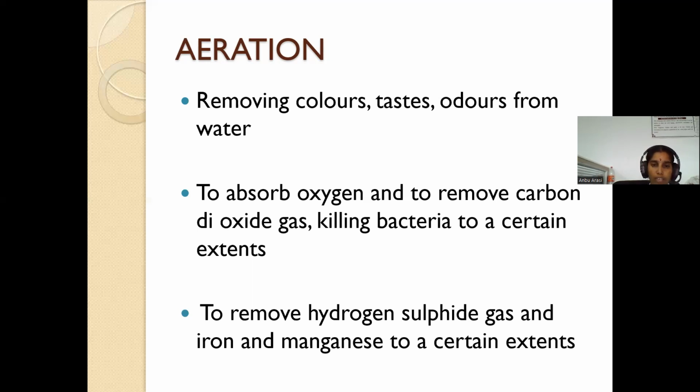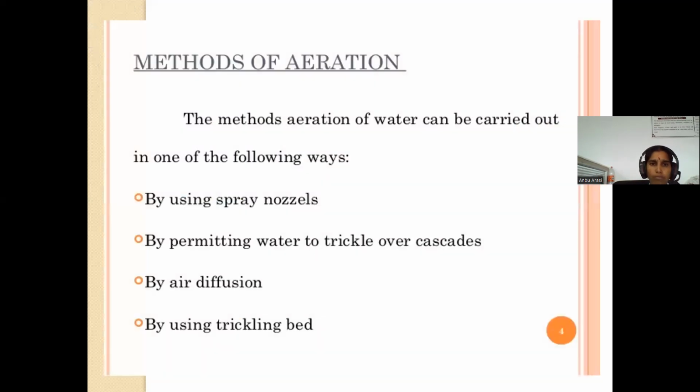There are two types of aeration process: introduction of water into the air and introduction of air into the water. The aeration of water can be carried out in the following ways: by using spray nozzles, by permitting water to trickle over a cascade, by air diffusion method, and by using the trickling bed method.